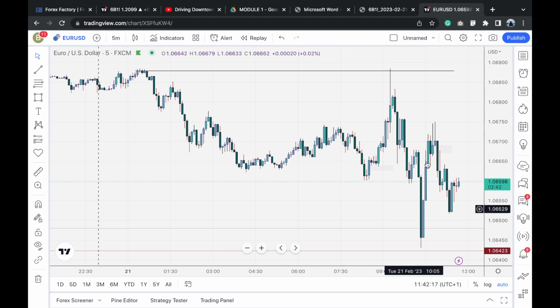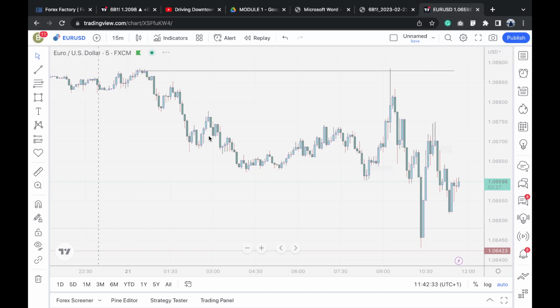Why? Because we've already defined that daily order flow on euro is bearish. Alright, so if daily order flow on euro is bearish, then it will make sense for us to scale out the majority of our liquidity or our volume at where the bodies of the candles are going to rest.